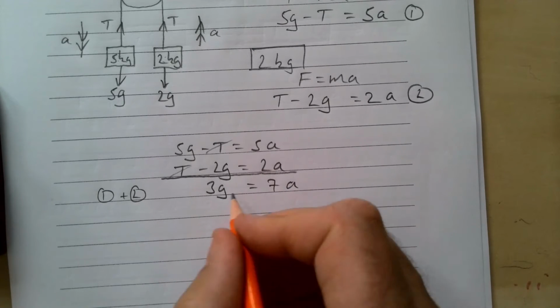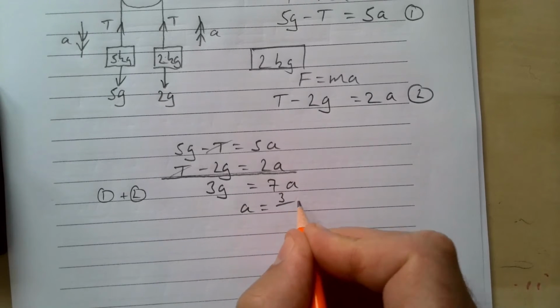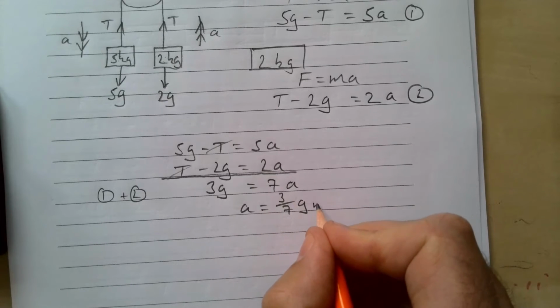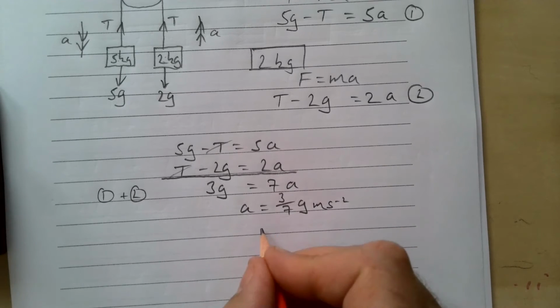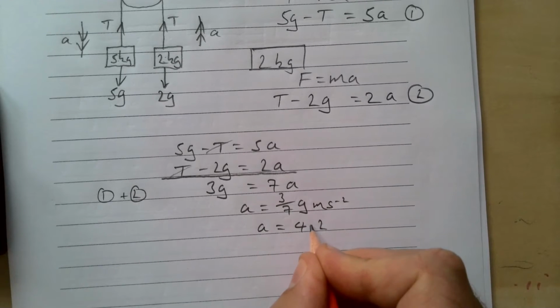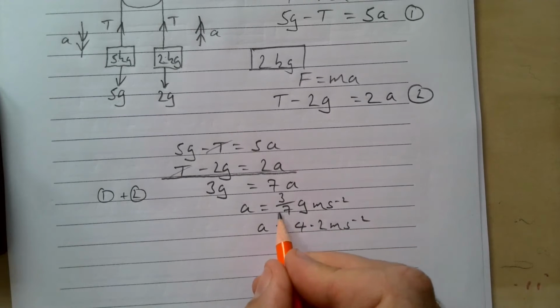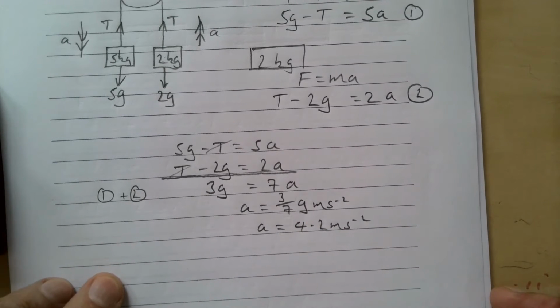So my acceleration, I'm going to divide by 7, so a is 3/7 of g, and that is in metres per second squared. If you put that into your calculator to a couple of decimal places, that's the one significant figure, but 3/7 g would be a handier number to keep using in terms of what we need. So that's what we have there.